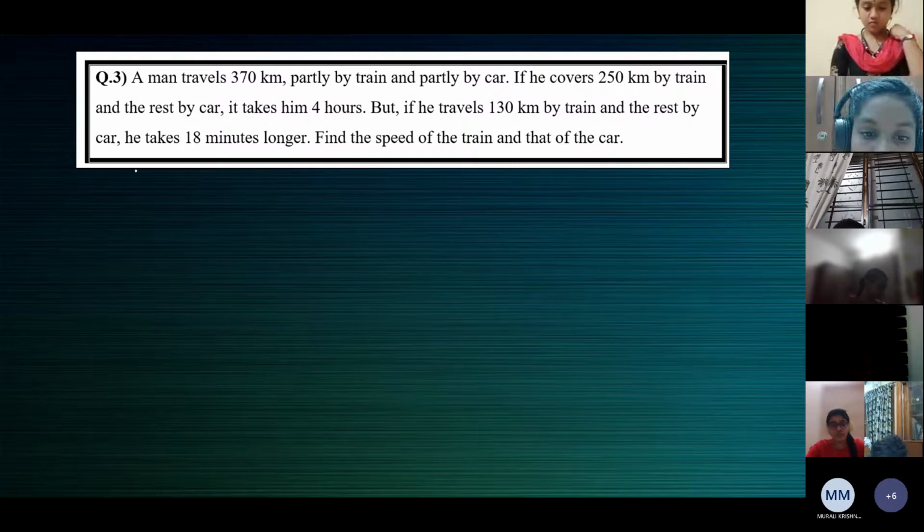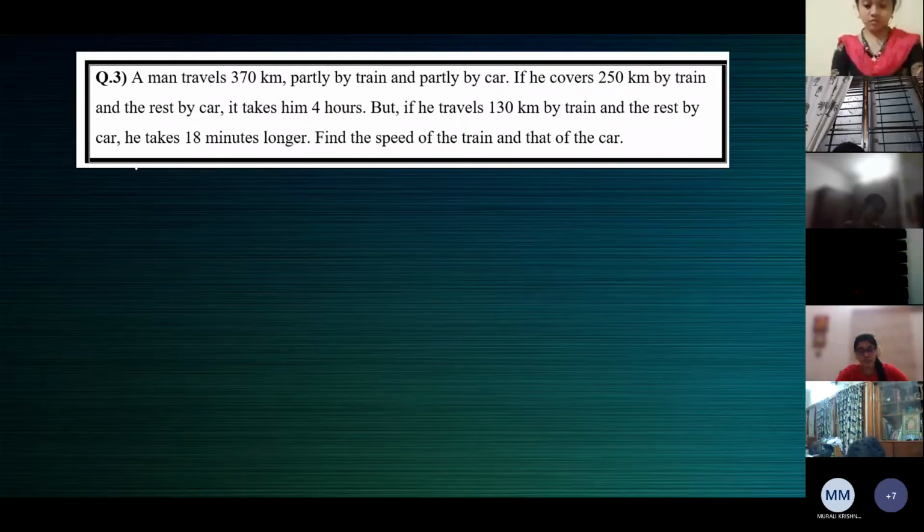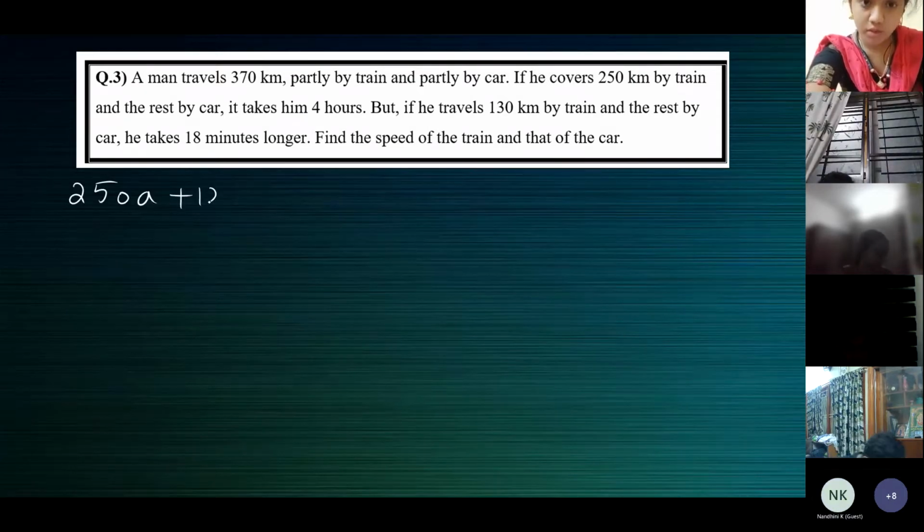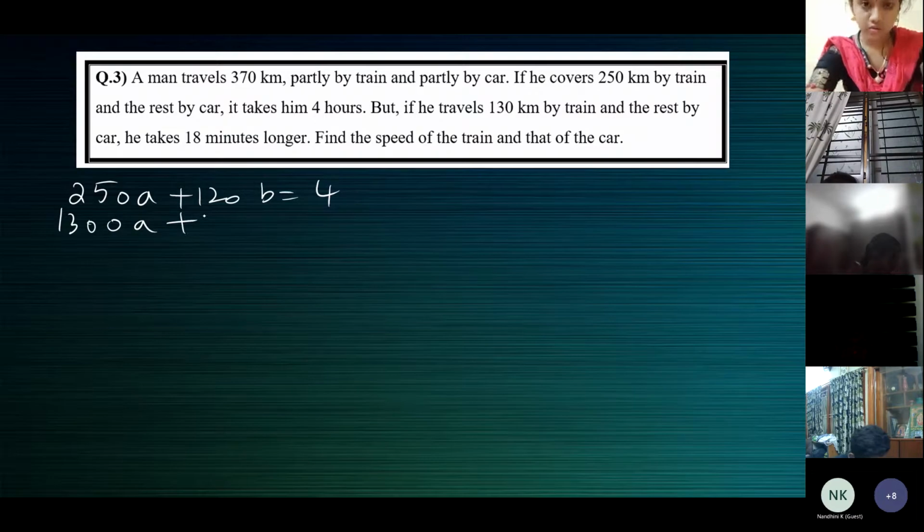Which equation you took for 3? The simplified one or the one before we divided by 2? Ma'am, the one before we divided by 2, ma'am. Okay. Then this one. Yes, ma'am.